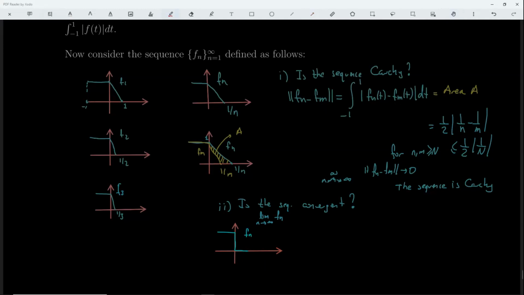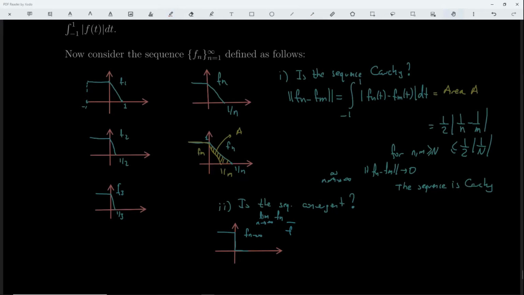So that is n and that goes to infinity. So let this be the f bar, the limiting value. All of these sequences are getting closer and closer to this f bar function over here.